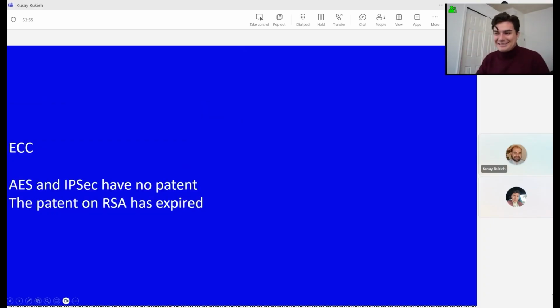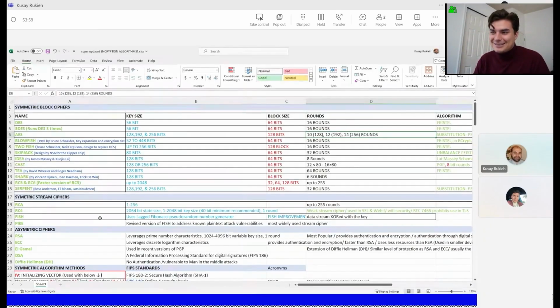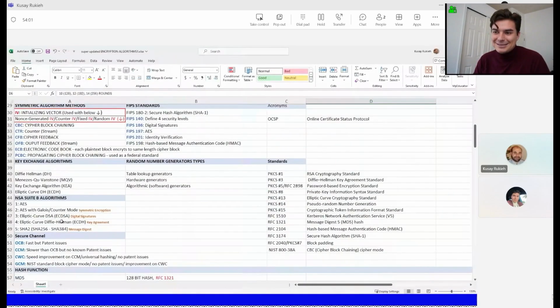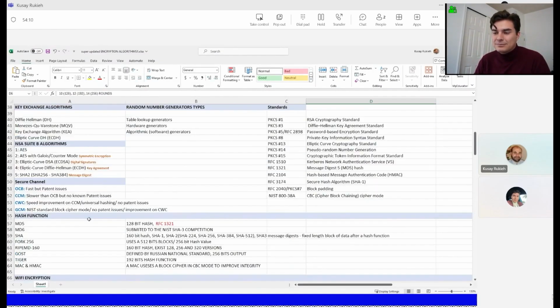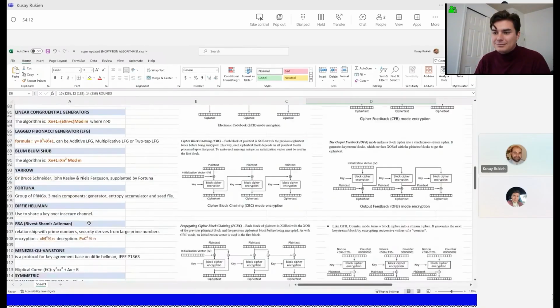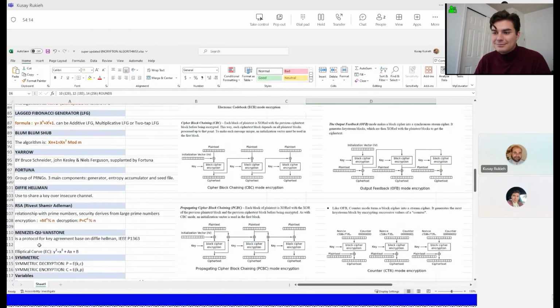ECC, elliptic curve cryptography, is the newest member. If you notice, we are sprinkling in elliptic curve DSA, elliptic curve Diffie-Hellman. Why? Because we generate numbers in a nonlinear fashion because they're hard to break. Unlike RSA, which used a linear function when you generate the numbers.